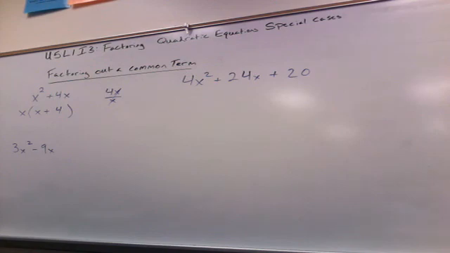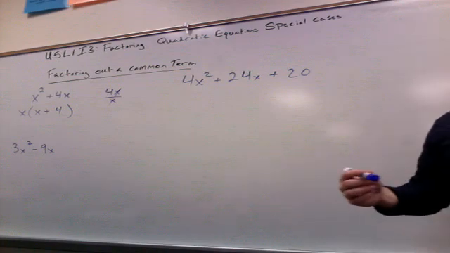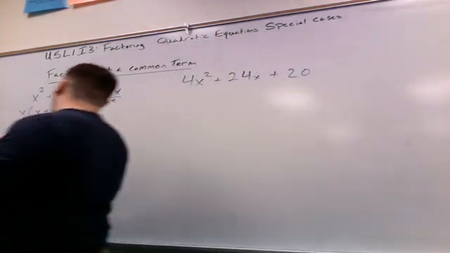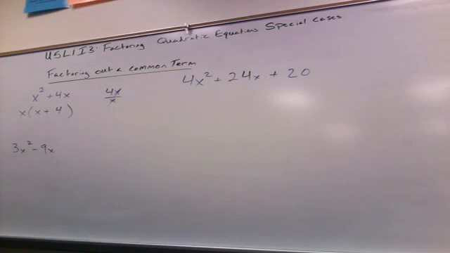What is it, Michael? 3x. Anybody disagree with Michael? All right, Jared. So 3x is our common term. If I divide 3x squared by 3x, what do I get? Just x. So we're factoring out the 3x. Now, 9x divided by 3x, what's that?